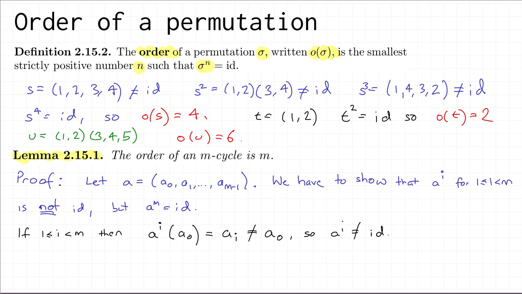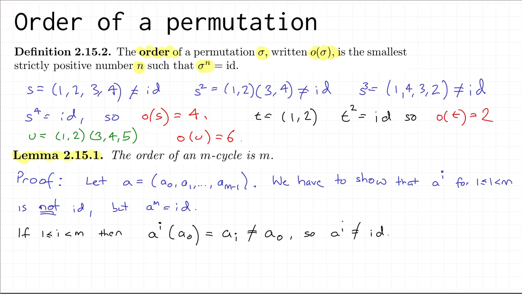So we've done the first thing that we needed to do, and now we need to show that a to the power m is the identity. But of course the same kind of argument works, right? If you do a m times, well, think about what would happen to a0. If you did a m minus 1 times to a0, you'd end up all the way at the end of the cycle at a m minus 1. And then if you did it one more time, then you'd go back to the start and you'd be back at a0 again.